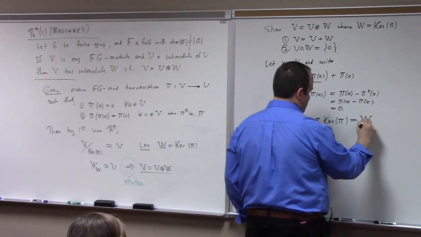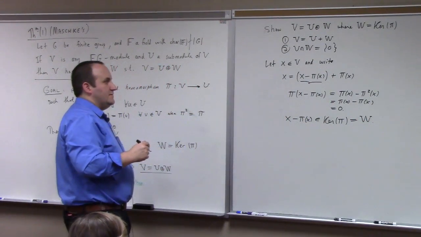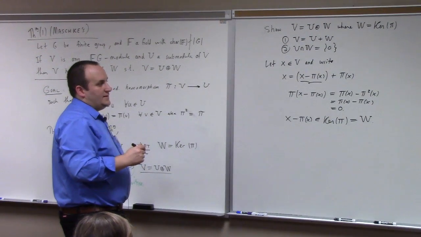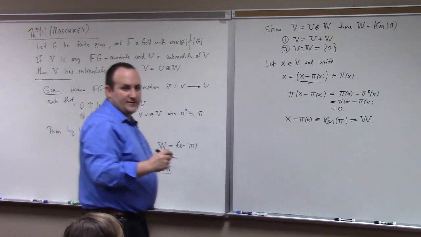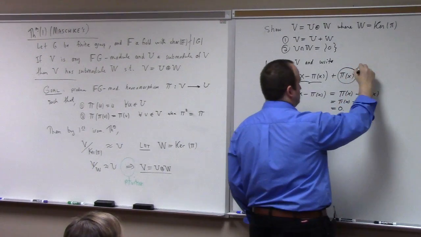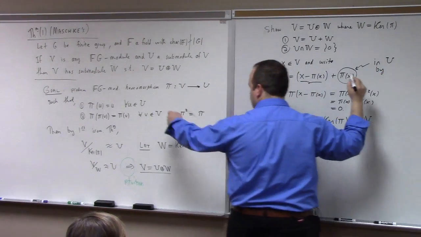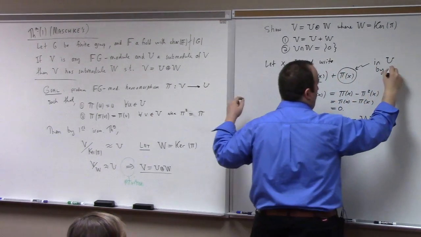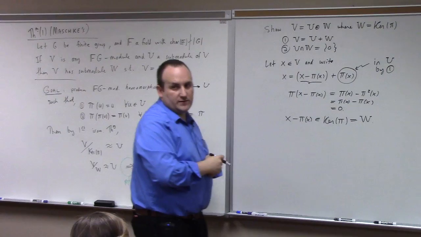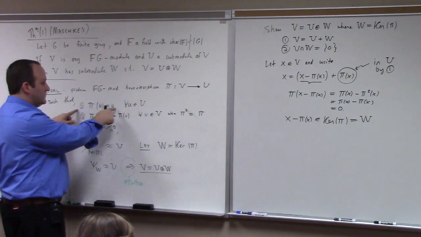Now what else do I need? I need that the other piece is in U. How do I know that pi of X is in U? By number 1. We took an arbitrary point in V, and by this one.